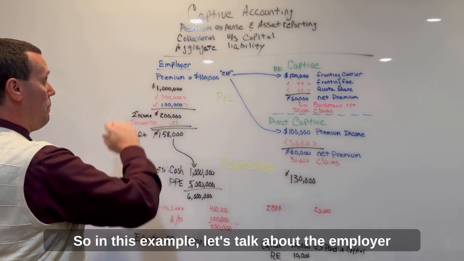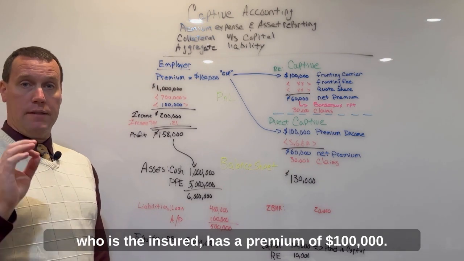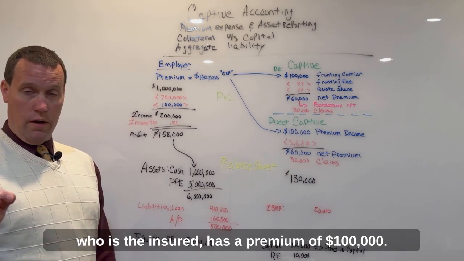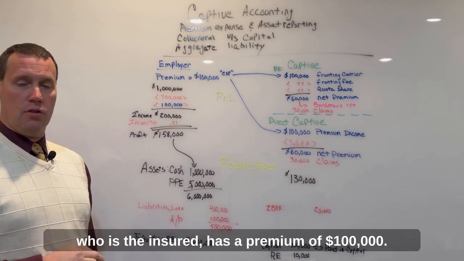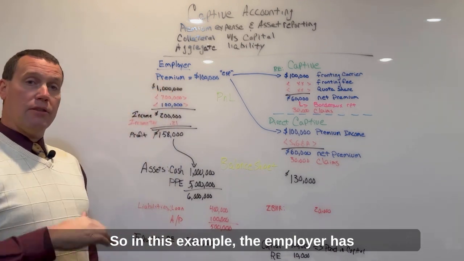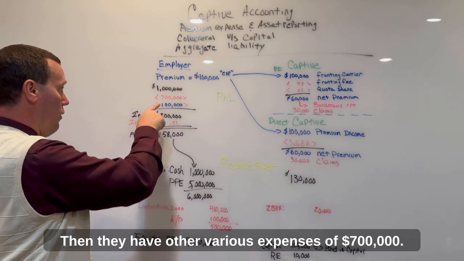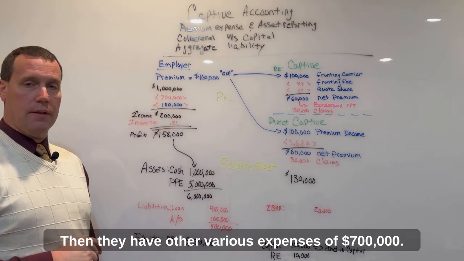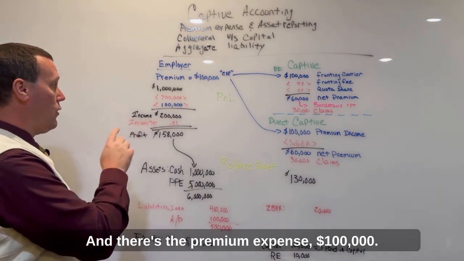In this example, the employer, who is the insured, has a premium of $100,000. The employer has top line revenue of $1 million, and then they have other various expenses of $700,000, and there's the premium expense, $100,000.